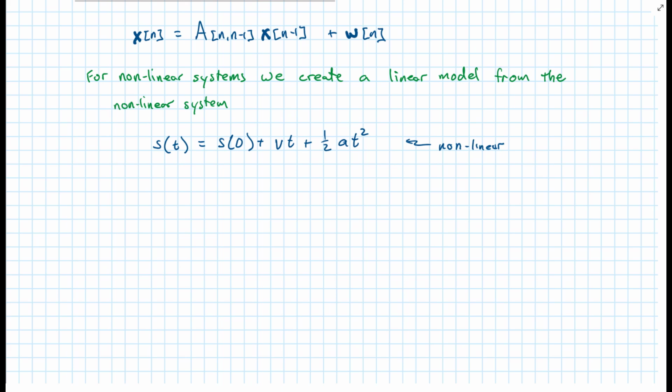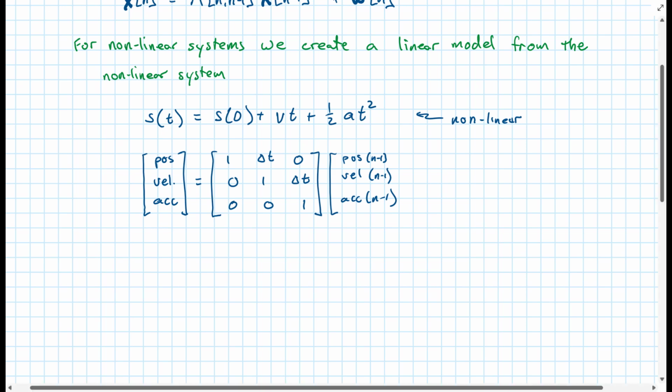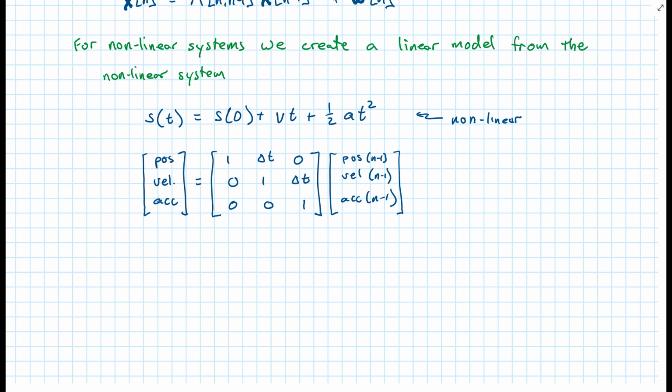Well, we can linearize it by approximating this in a linear fashion, as we did earlier in some of the examples. In this case, we took our position, velocity, and acceleration, discretized this, and then essentially we're numerically integrating by having the velocity increase by the acceleration and the position increase by the velocity.